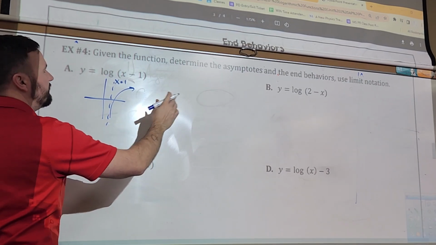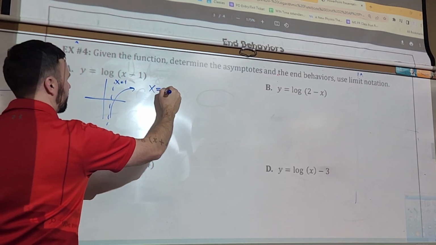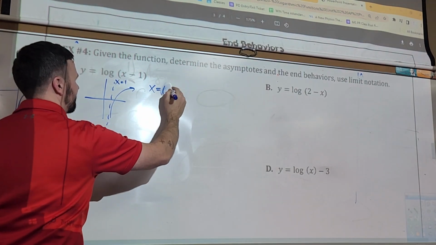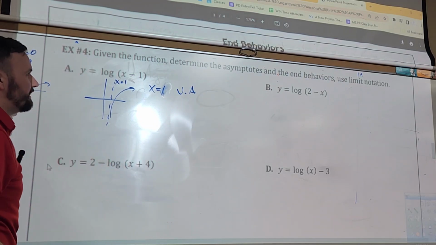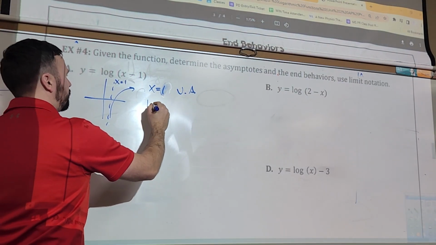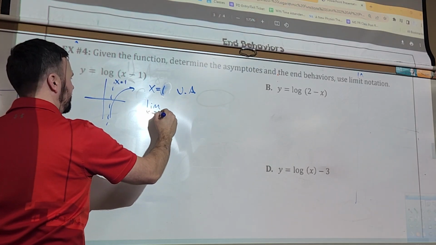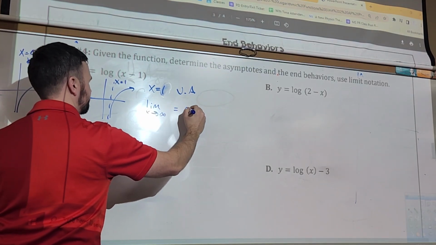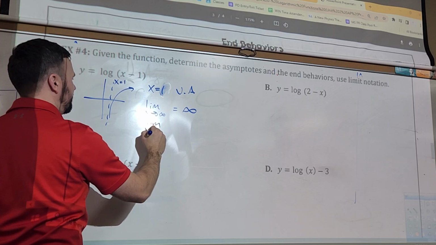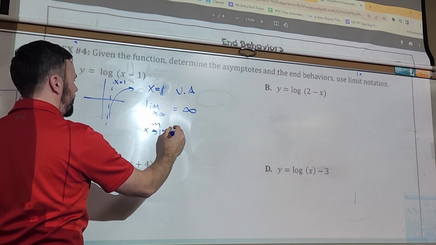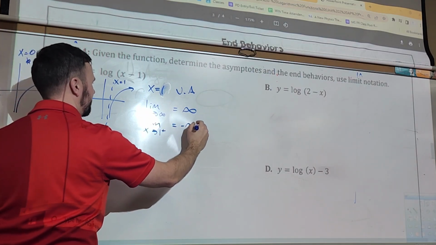Right 1, right? So what's my asymptote? Is my VA, right? So what's my limit as x goes to infinity? Infinity. What's my limit as x approaches 1 from the positive side? Infinity, right?